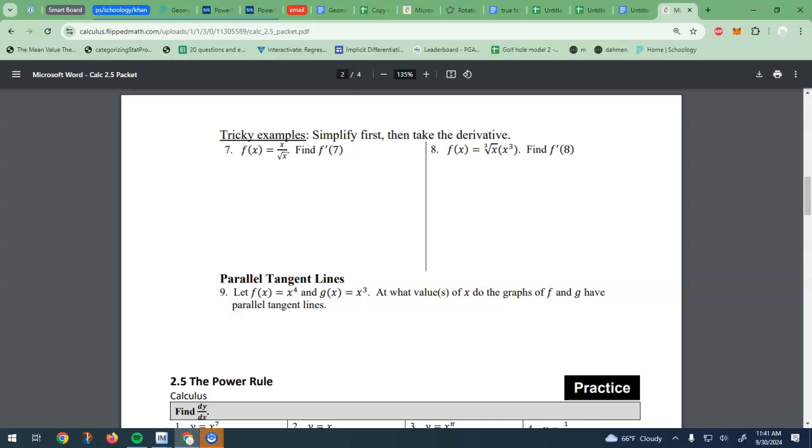Usually when we get to about here, people are like, wait, I need you to review that. So remember that the root is on the bottom. And you do that first. So the third root of 8 is what number do you cube to get to 8? 2. Then you do it to the power. So you take the 2 that you have and you square it. So now we're at 4. And what does the negative exponent do? Flips it over, so now it's 1/4.